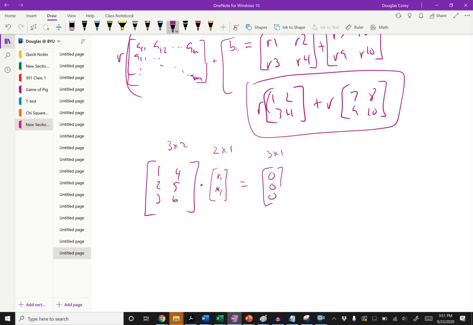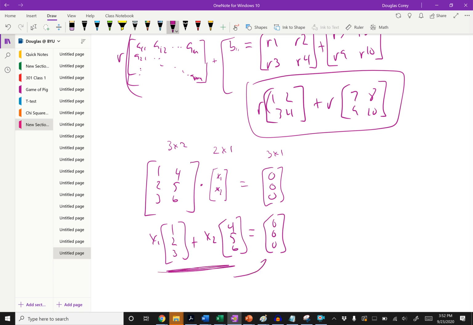This says x1 times (1, 2, 3) plus x2 times (4, 5, 6) equals a zero vector. I have a combination of vectors that adds up to zero, and if these are linearly independent, then x1 and x2 have to be 0. Those coefficients have to be 0. So this one would have to be a zero matrix also. So that's the reason.